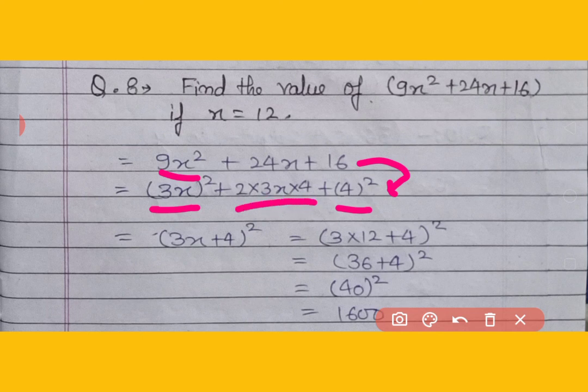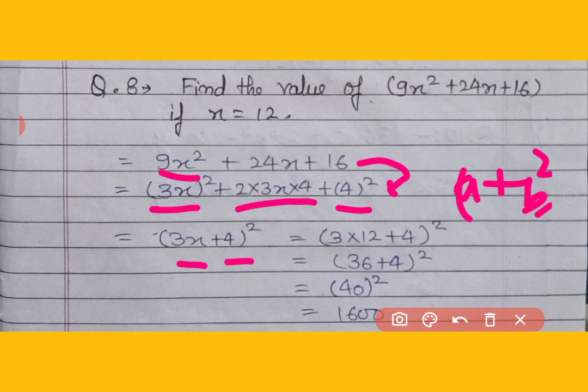So 24x is broken in the form of 2ab, meaning 2 multiplied with 3x multiplied with 4. So easily, whenever it is in the form of a square plus 2ab plus b square, it will be a plus b whole square. So a value is 3x and b value is 4. So I have written here (3x plus 4) whole square.